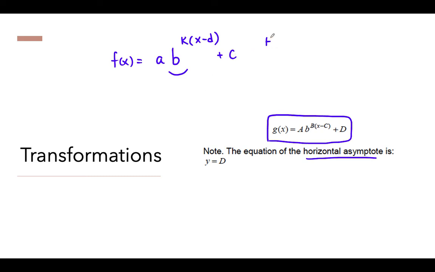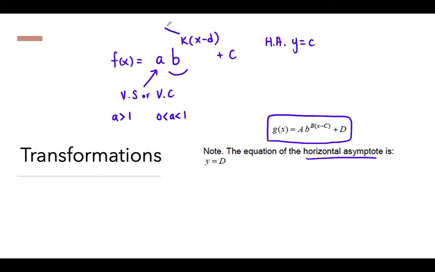We do have a horizontal asymptote at y is equal to c in this case. And then a is the vertical stretch or vertical compression, right? Stretch if a is greater than 1, and it's a vertical compression if it's in between 0 and 1.